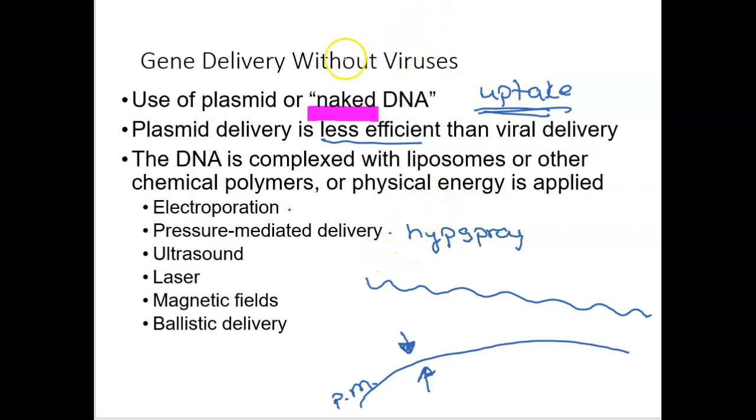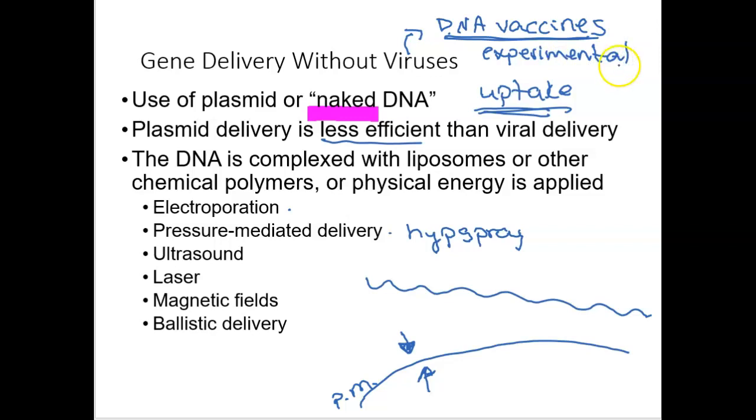Quick tie-in. So one thing that this is sort of related to is DNA vaccines. All right, so DNA vaccines are still experimental. We don't have any that work yet. Though of interest, the new coronavirus vaccine that they are testing now is a DNA vaccine.